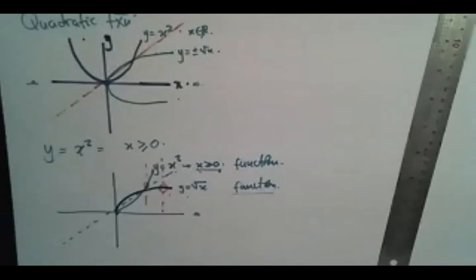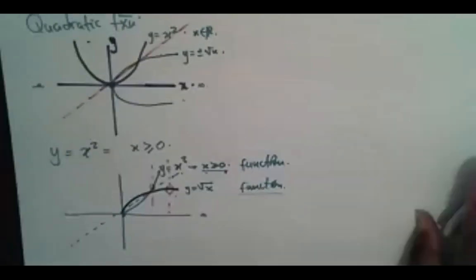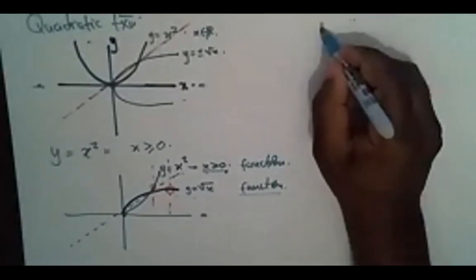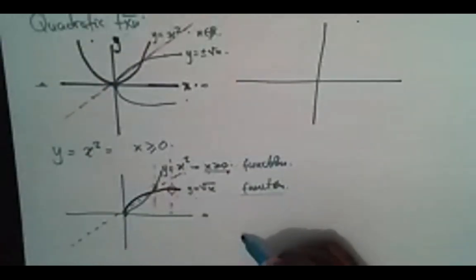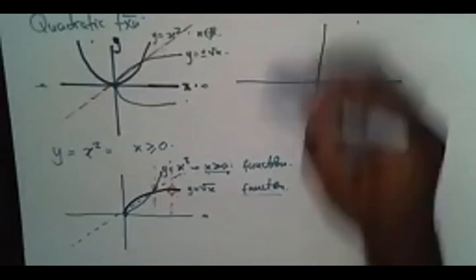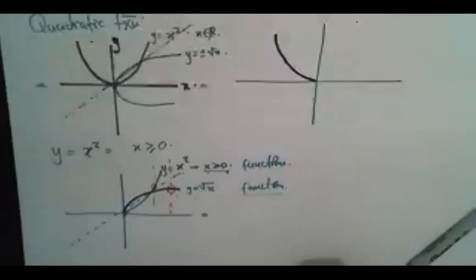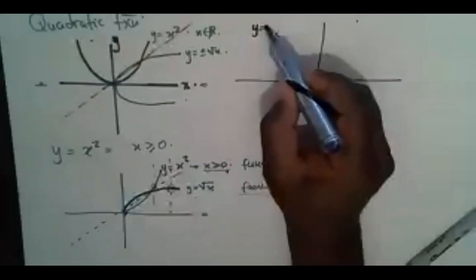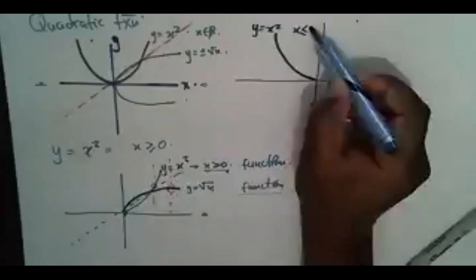All right. Now, I am going to do the bottom part. Right. So I'm also going to draw something like this. Let me draw this side with this pen. If I only draw this arm, this is y is equal to x squared, but x is less than or equal to 0.